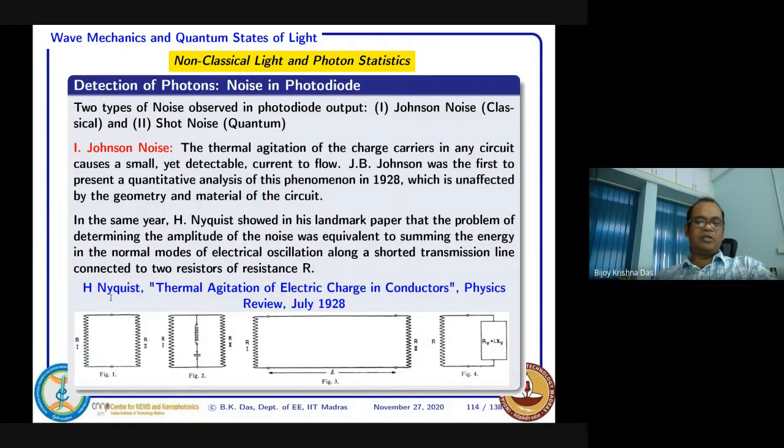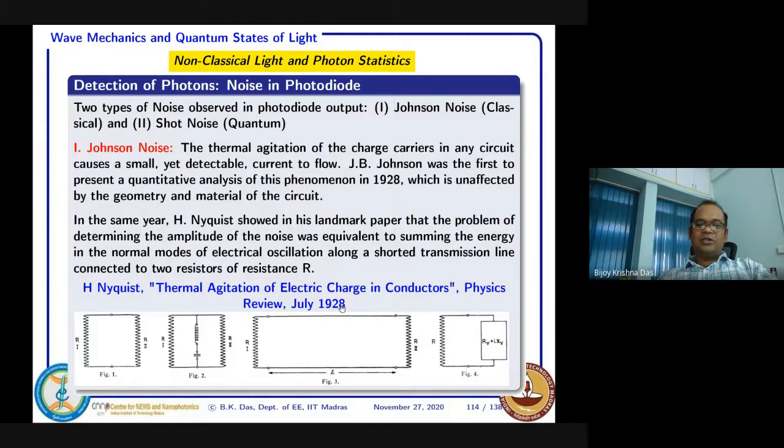This is a single author paper, Nyquist. And based on the experiment and quantification from Johnson, he actually explained how it is coming. And that is very interesting and understandable. If you go through this paper, it is very nicely written, anyone can read and understand.